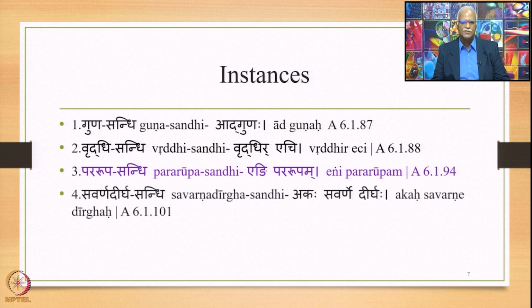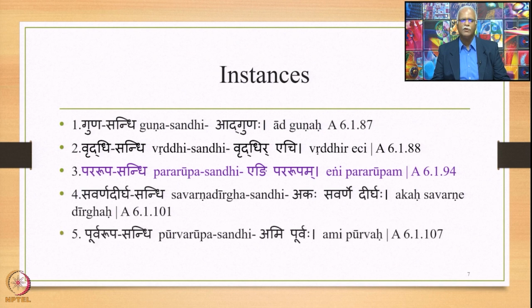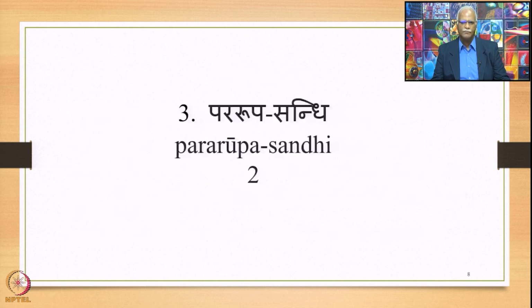The fourth one is Savarna Dirgha Sandhi, stated by the Sutra Akas Savarne Dirghaha 6.1.101. And finally Purvarupa Sandhi, stated by the Sutra Ami Purvaha onwards, that is 6.1.107 onwards. Amongst these 5, currently we are focused on the third, Pararupa Sandhi.